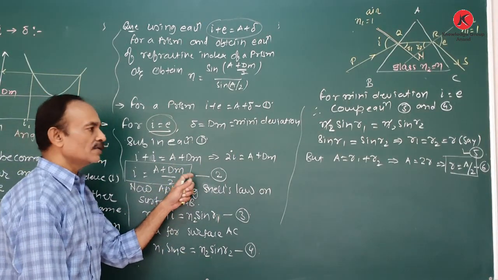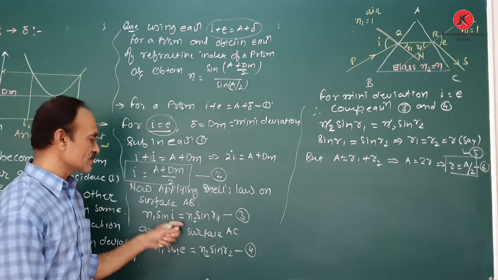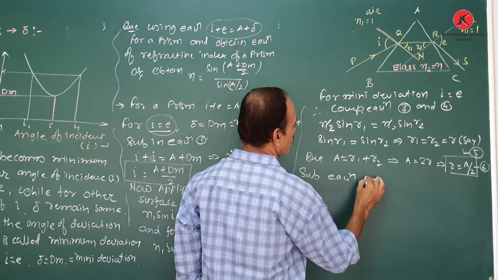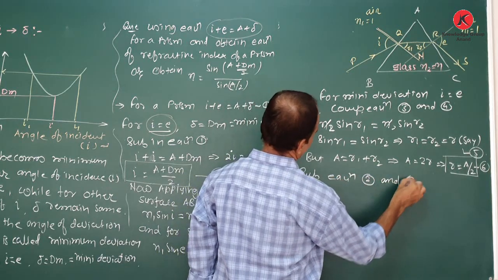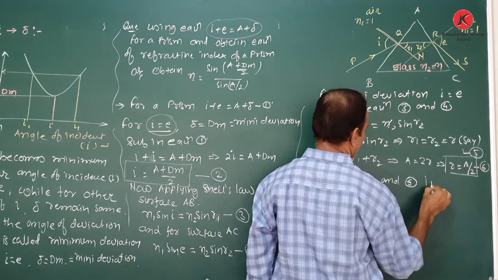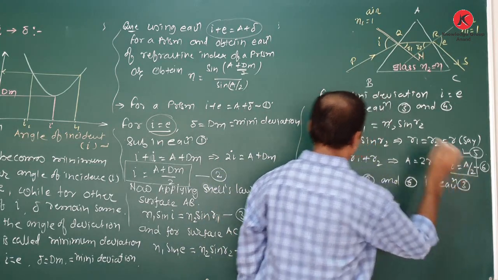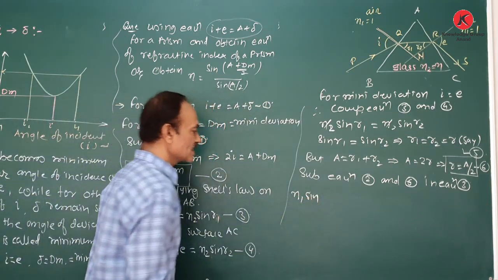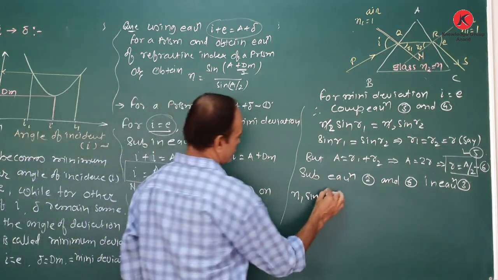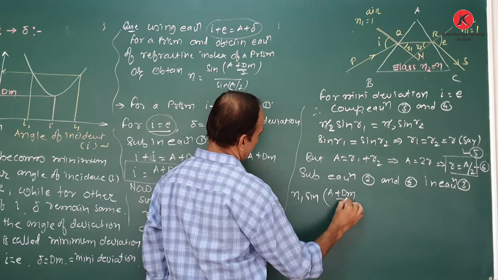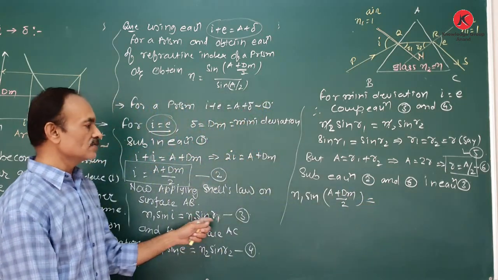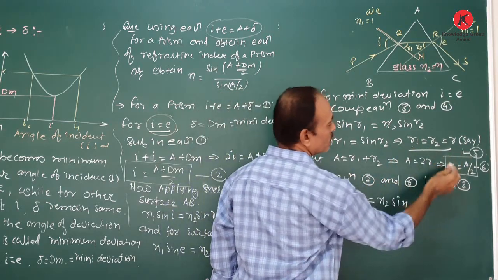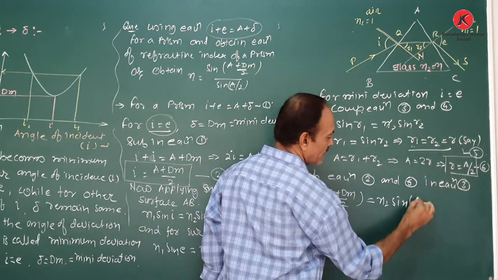Now substitute this value of I and R in equation 3. Substitute equations 2 and 6 in equation 3. Equation 3 is N1 sin I. Therefore, N1 sin of A plus delta M by 2 is equal to N2 sin R1, which is equal to R, which is A by 2.